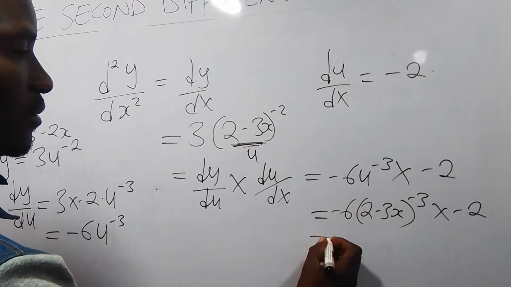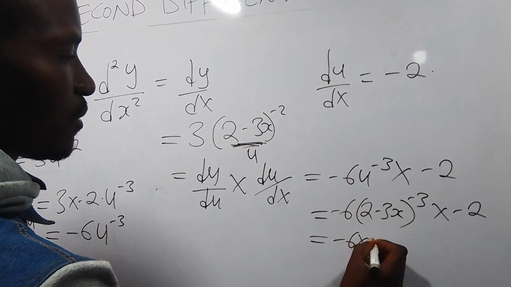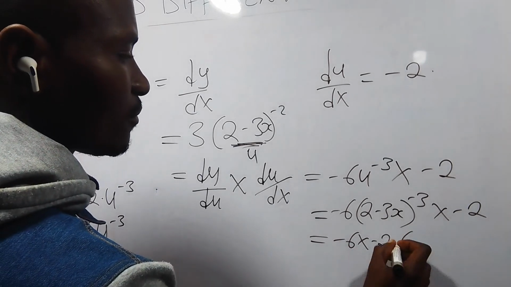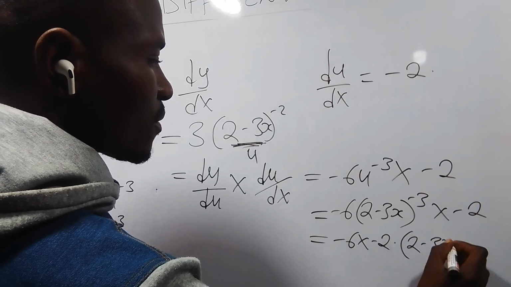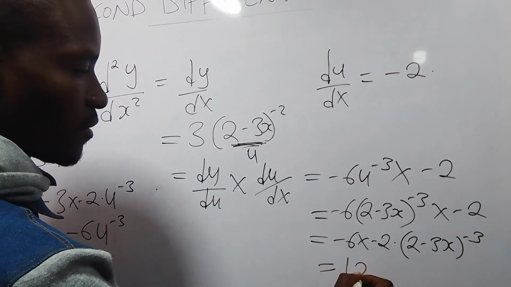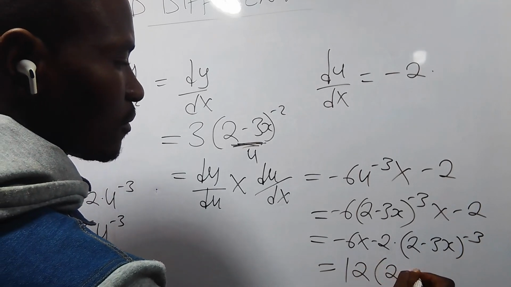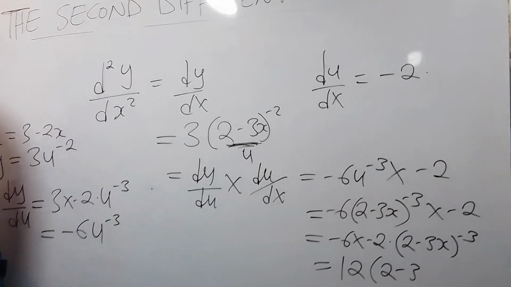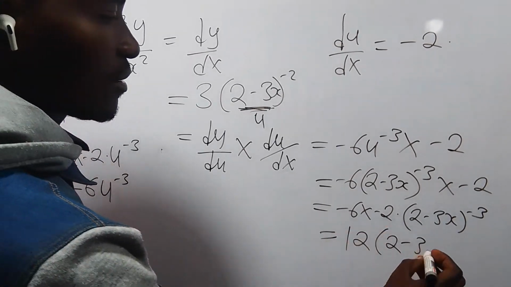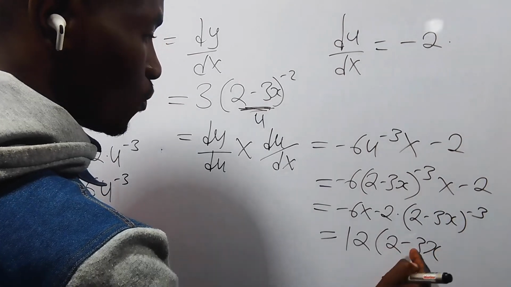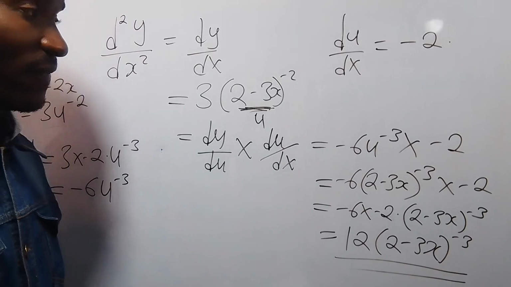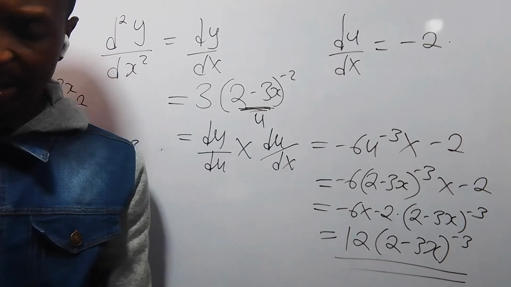From there, negative 2 multiplied by negative 6 gives 12, so this is going to be 12, open bracket, 2 minus 3x to the power that. That's a function, and that's the final second derivative.